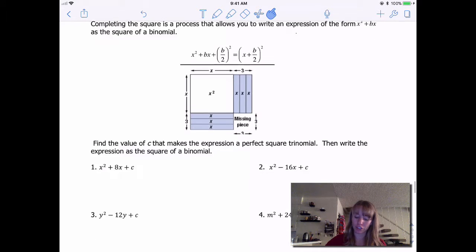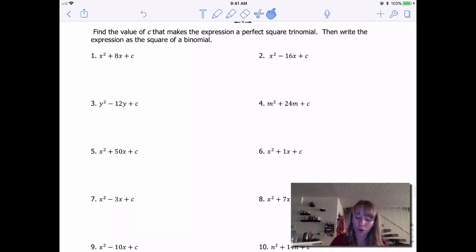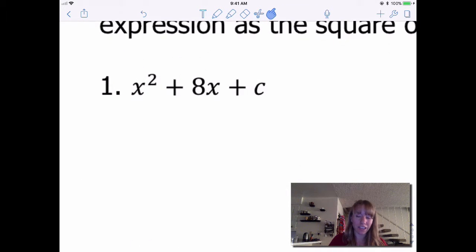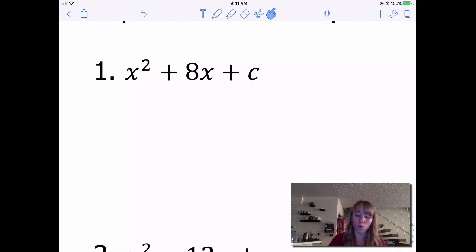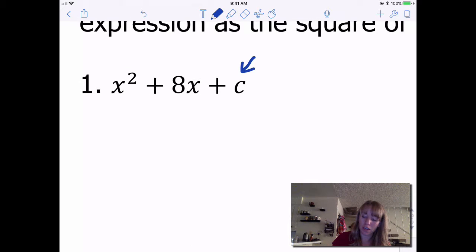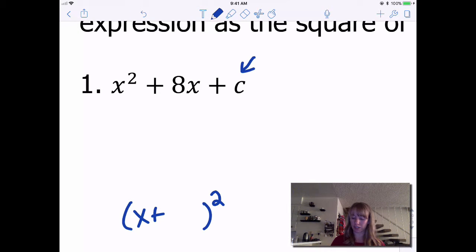And the first thing that we're going to try is, say we nearly have a perfect square trinomial, but we don't quite know what this third number is. Could we figure out what c would have to be in order to write this as x plus something squared? So we're thinking ahead and then working backwards to see what is c.